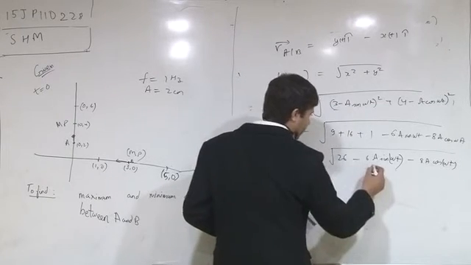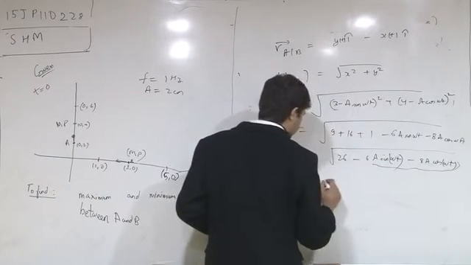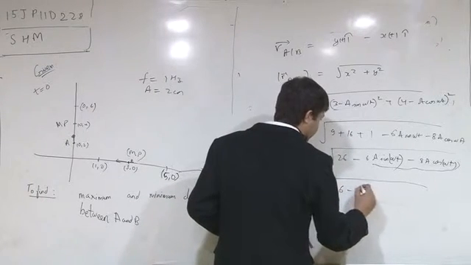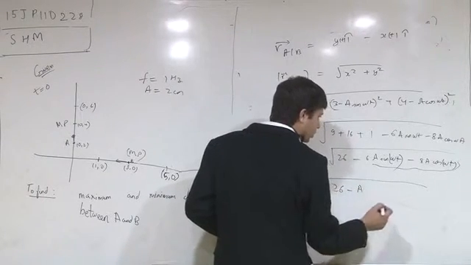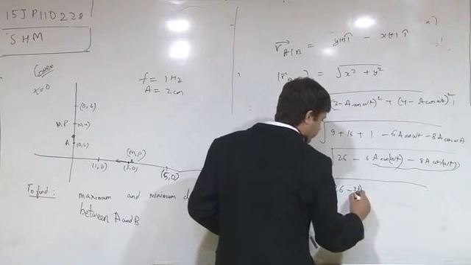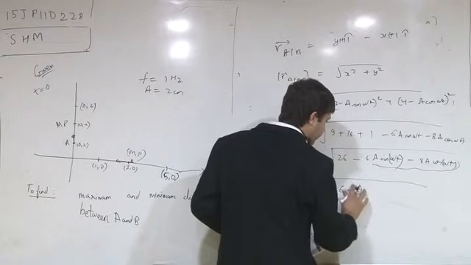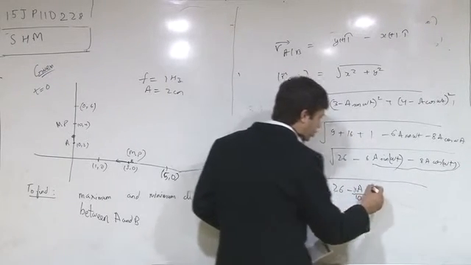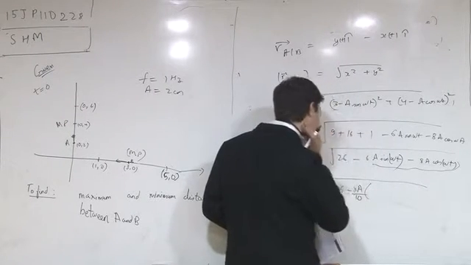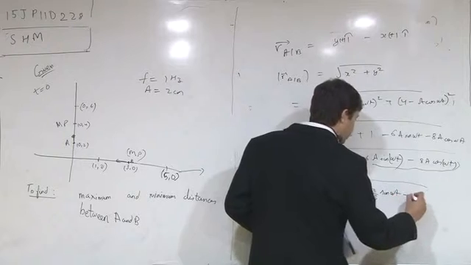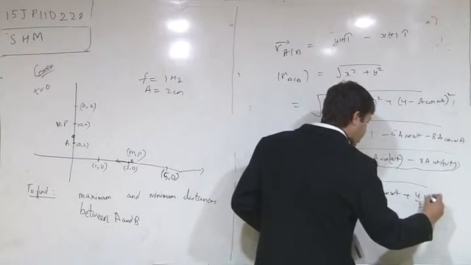Suppose you look at this part only. I am taking out a common factor, sorry, 2 common. Suppose I take 10 common out of the entire expression, you will find it becomes something like 3 by 5 sin omega t plus 4 by 5 cos omega t.